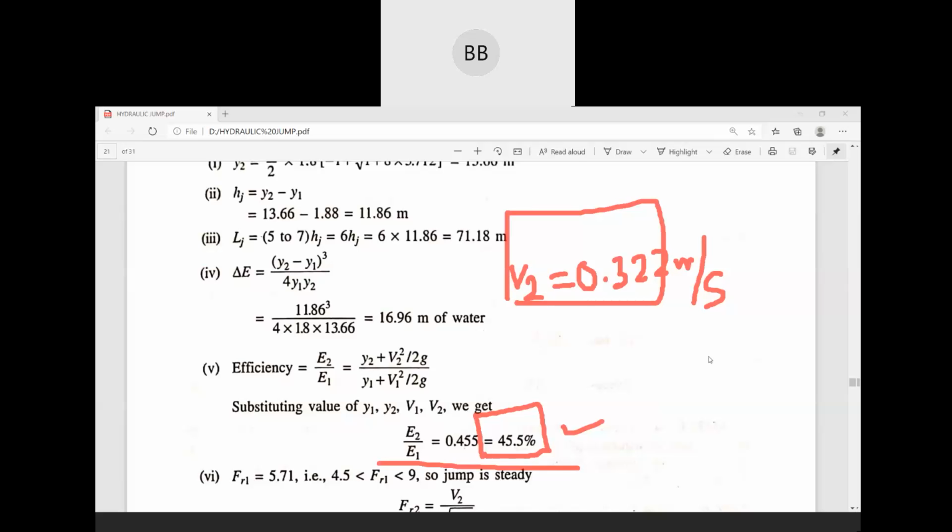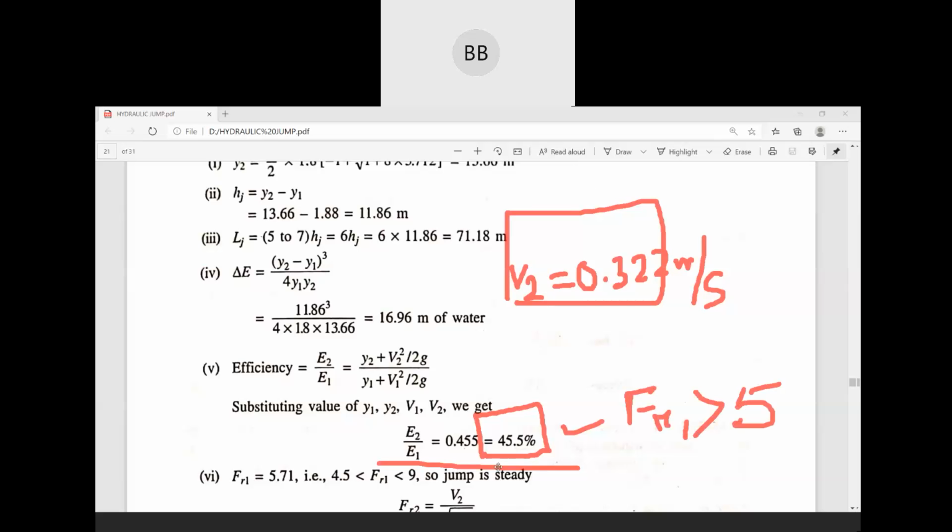So next we need to identify the type of jump. We determine the type of jump based on two categories: one, the Fr1 value, and another one is efficiency, if you remember. The condition is if our Fr1 value is greater than 5, I think it's 5 point something.